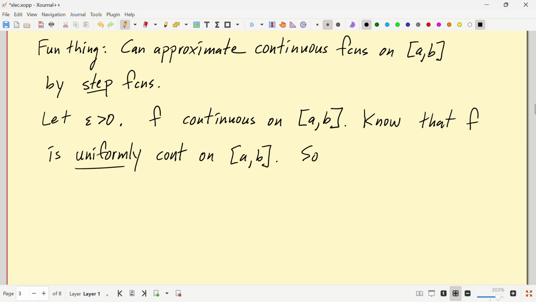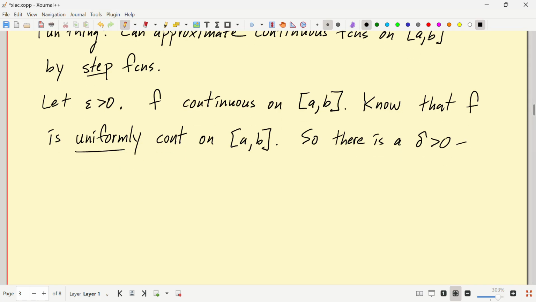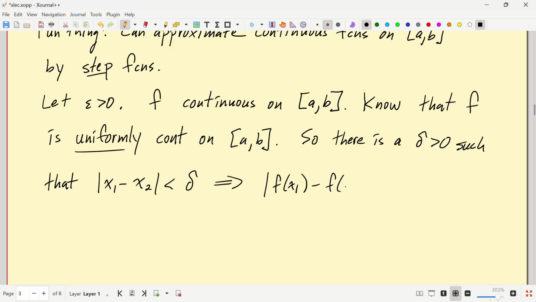So there's a delta such that |x1 minus x2| less than delta would yield that |f(x1) minus f(x2)| is less than our epsilon.